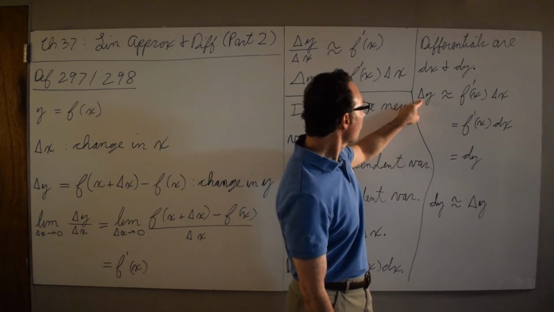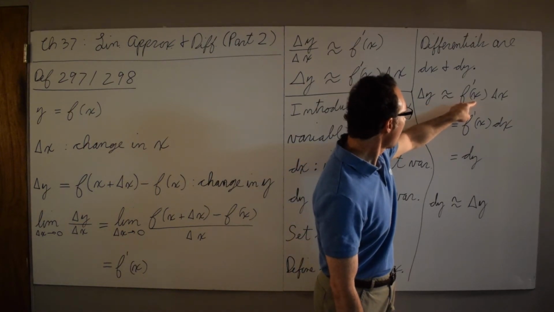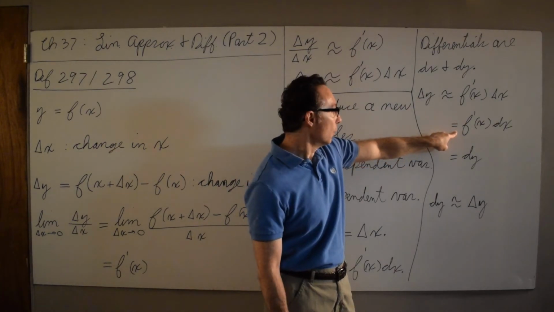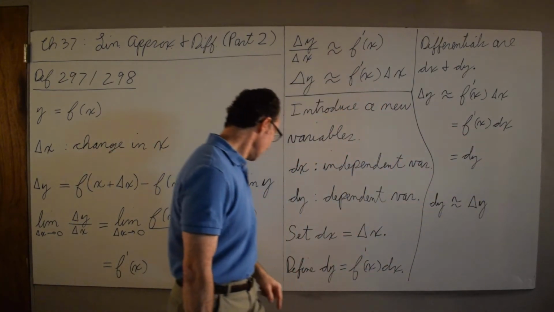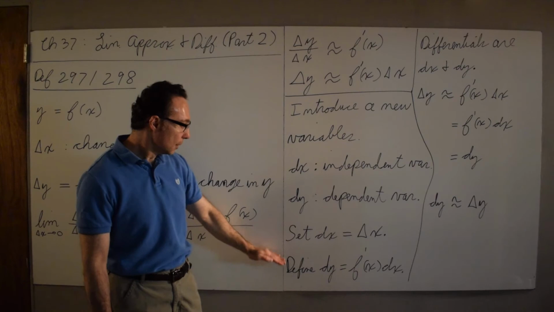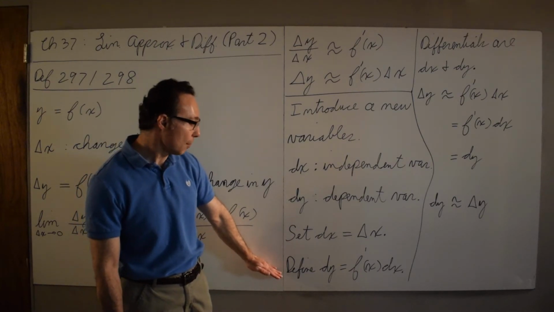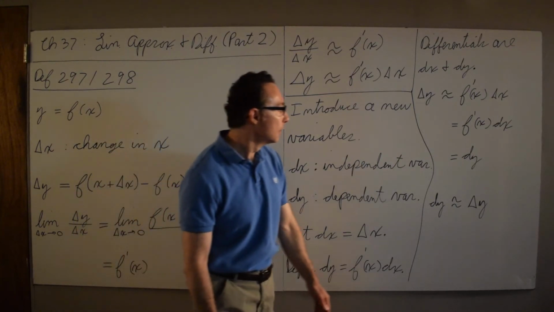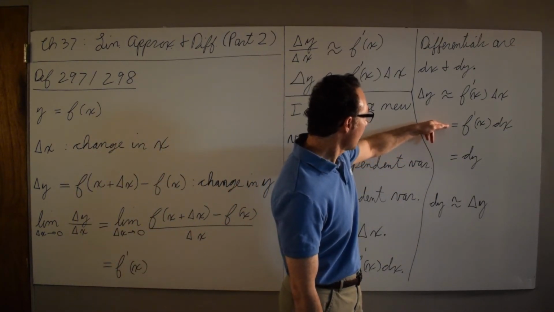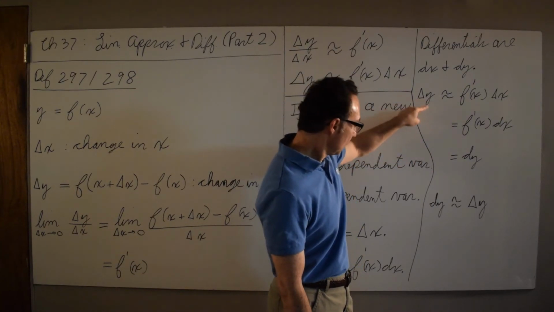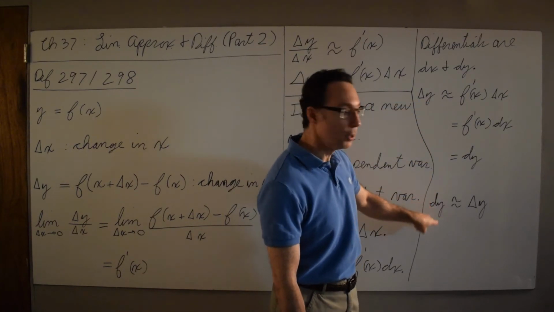So delta y is approximately f prime of x delta x, which is exactly equal to f prime of x dx, because that's how we made it. We set dx to be delta x, and dy is defined to be f prime of x dx. So this f prime of x dx is dy. What that means is that delta y is approximately equal to dy.